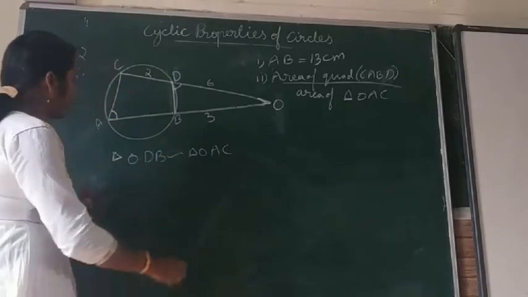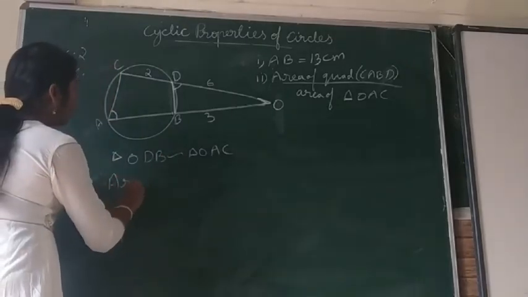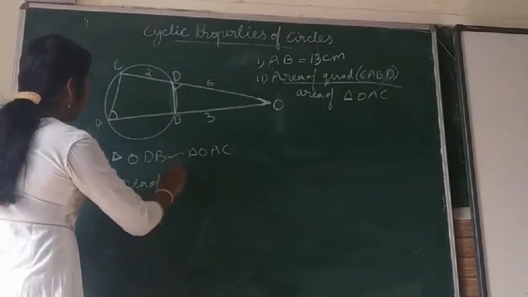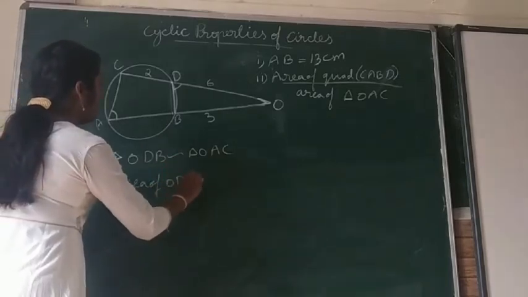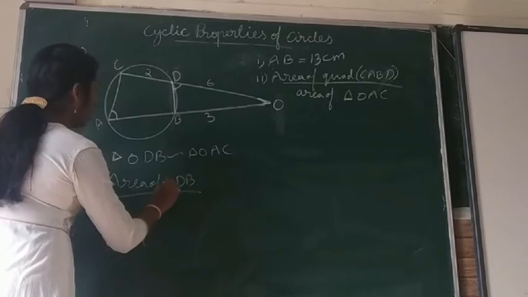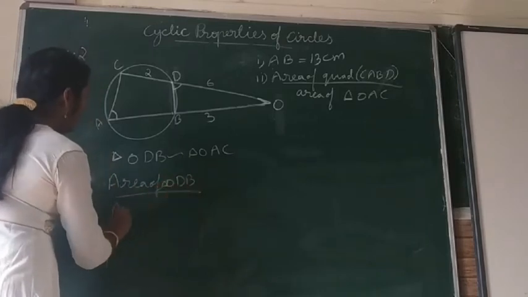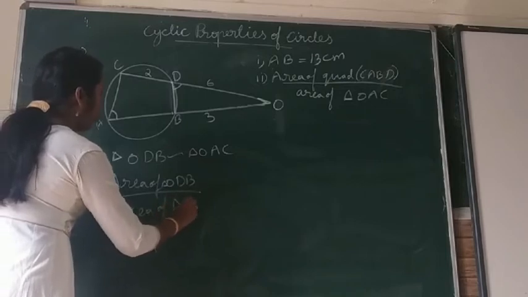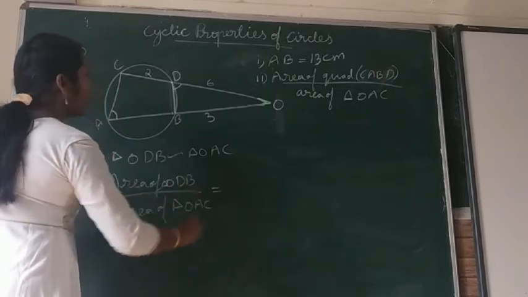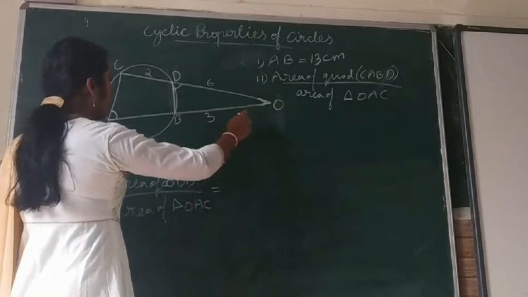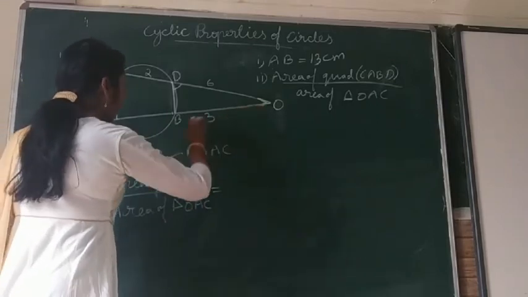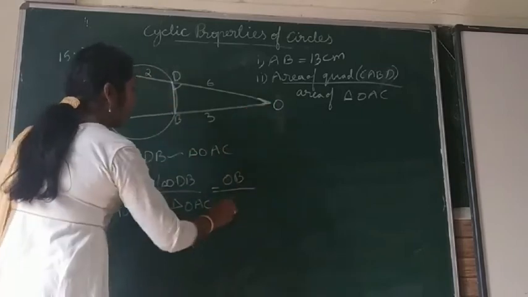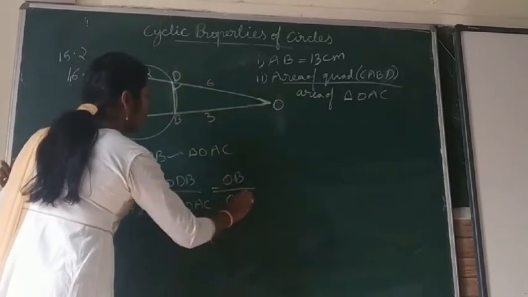That means area of triangle ODB divided by area of triangle OAC is equal to the corresponding sides: from ODB we take OB, divided by OC from OAC, whole square.